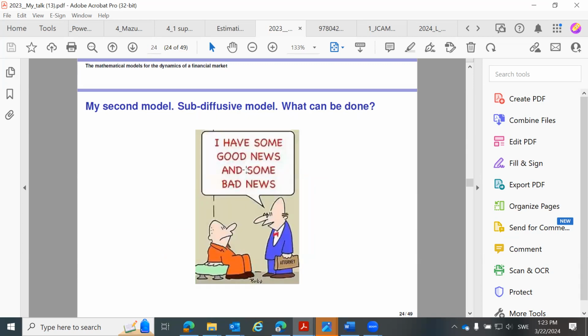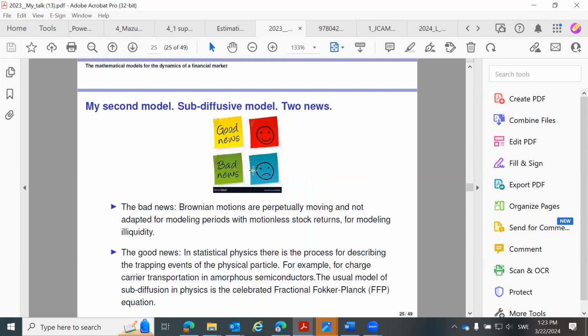And for this, we have two news items, a good one and a bad one. The bad news is that Brownian motions are perpetually moving and not adapted for modeling this period where we have motionless stock returns. But the good news is that in statistical physics we have a similar situation, for example, for charge carrier transportation in amorphous semiconductors.